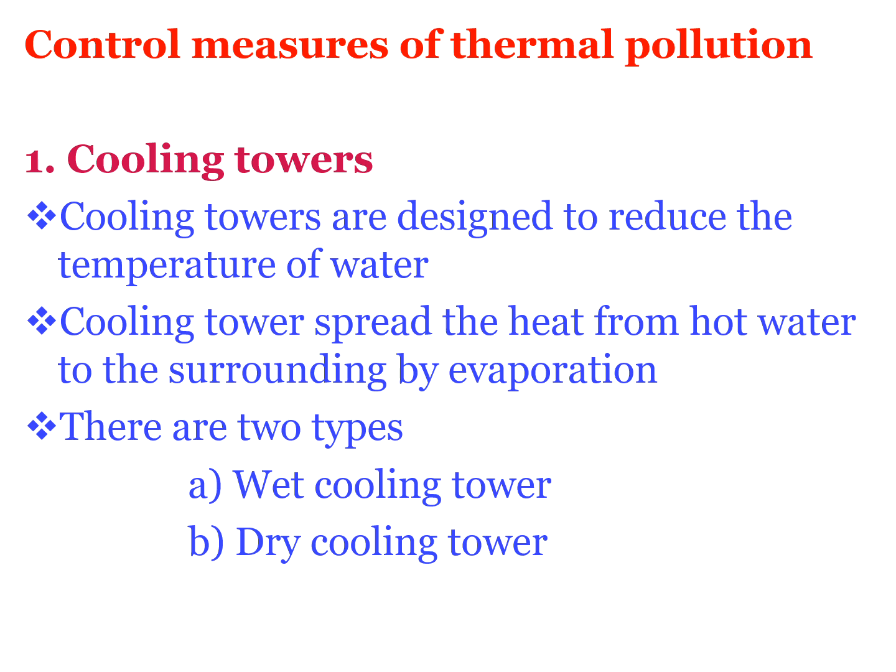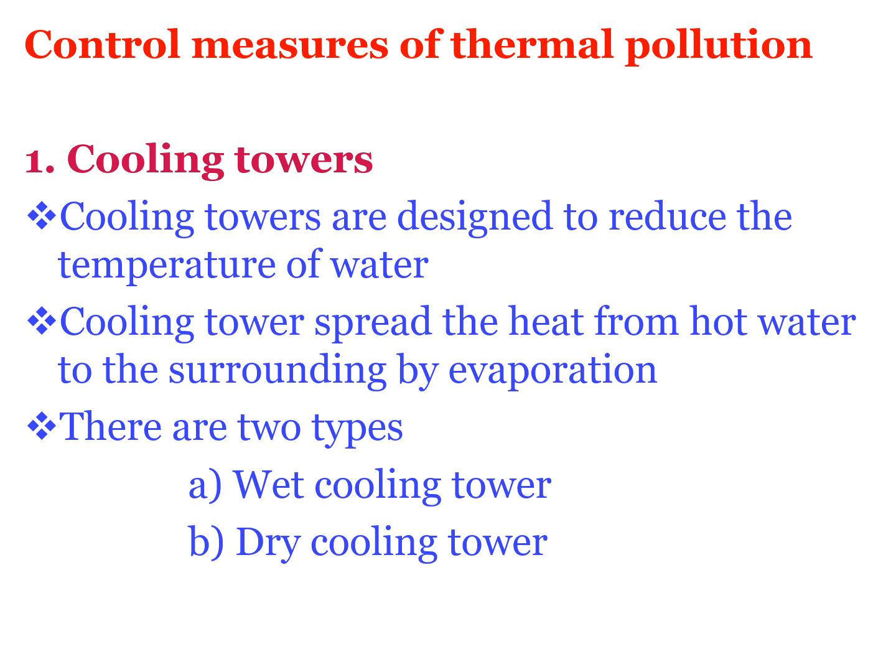The water droplets come into contact with the air and evaporation occurs. When water evaporates, it absorbs heat energy from the remaining water, thereby cooling it. The cooled water then collects at the bottom and can be reused or safely discharged.